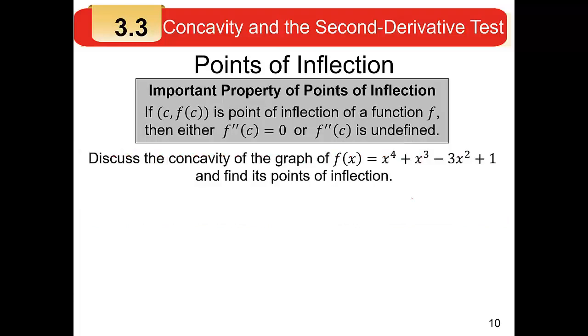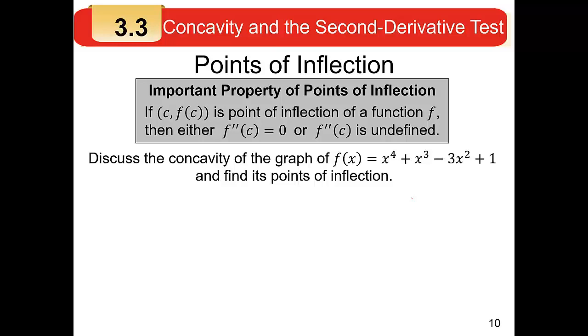Let's do another example. It says, discuss the concavity of the graph f of x equals x to the fourth plus x cubed minus 3x squared plus 1 and find its points of inflection. You should be really happy anytime you're given a function that's a polynomial, because some of the complexity goes away. The derivatives are straightforward.